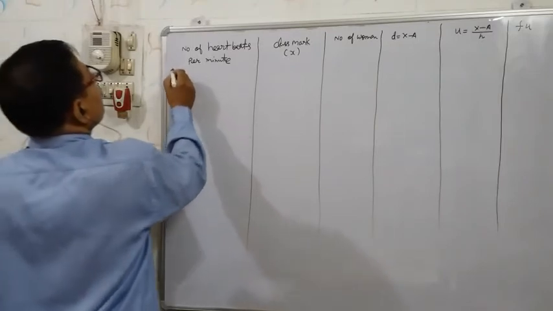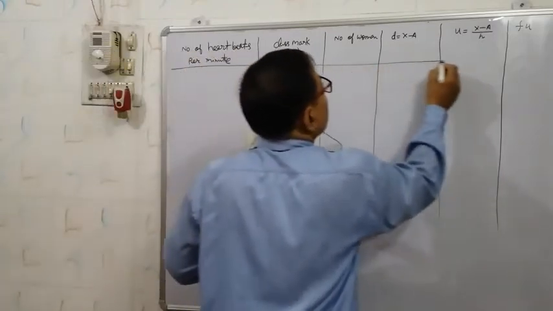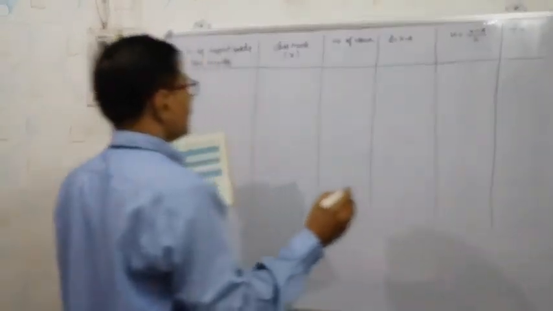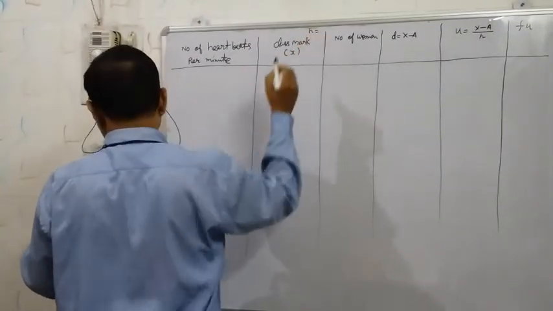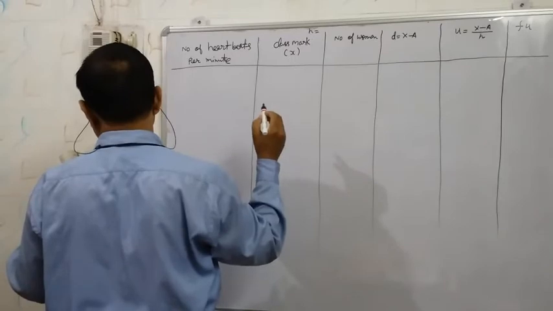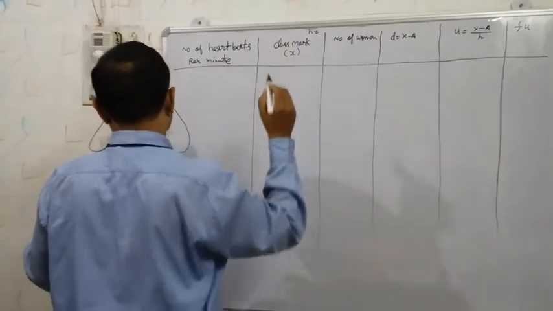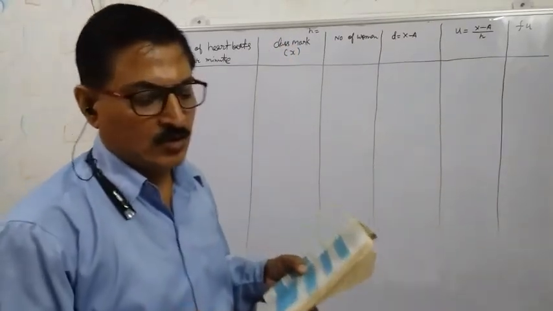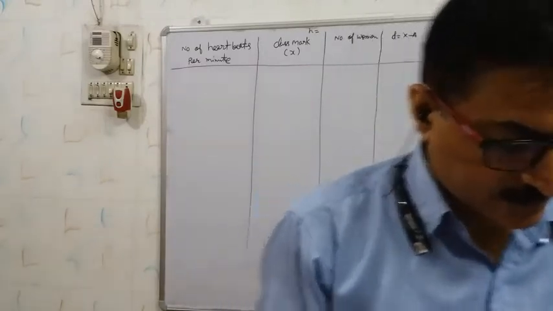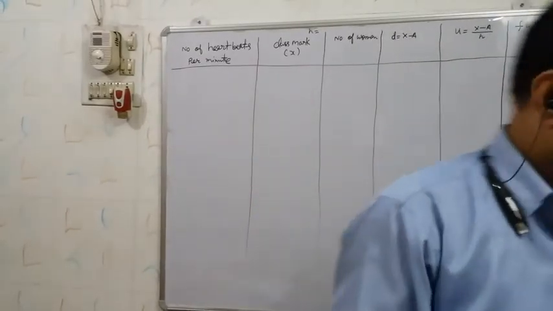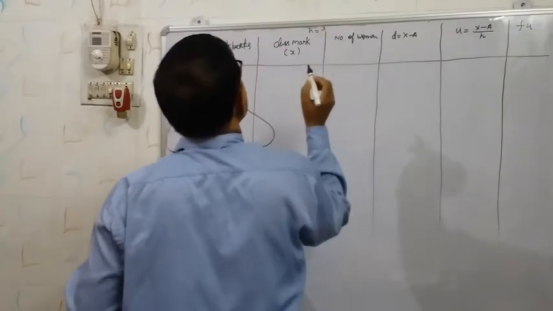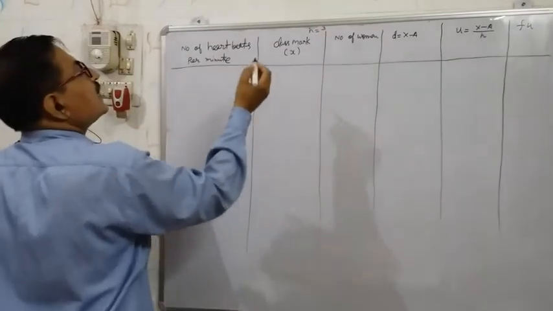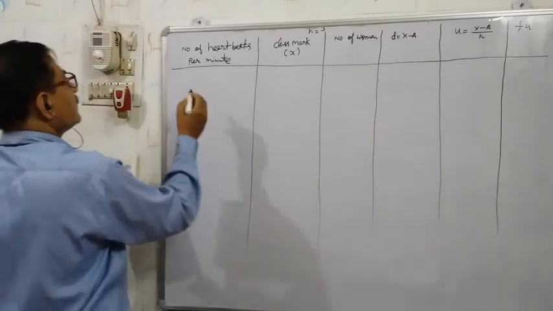Now write down the number of beats per minute. Here h is the width of the class. You will see the difference between the lower limit and upper limit is 3, so h equals 3. Write down h equals 3. And what we take as a, you will see later on.